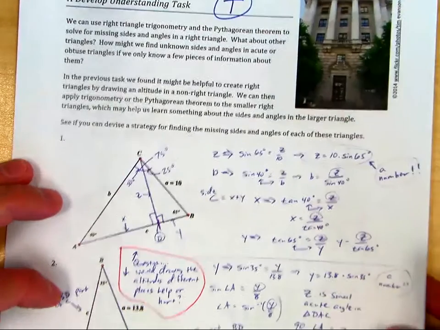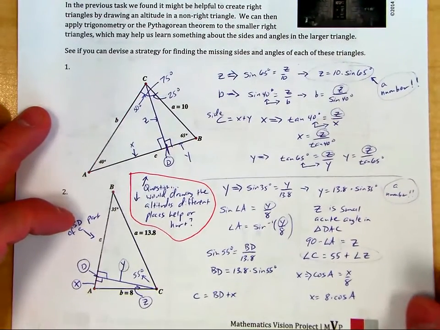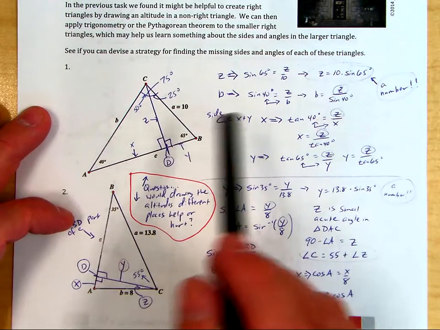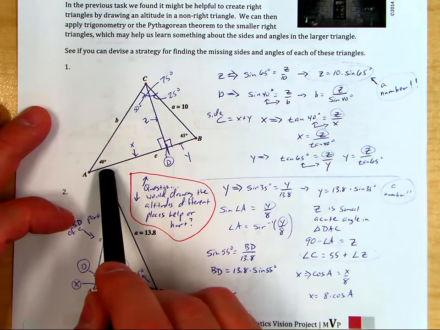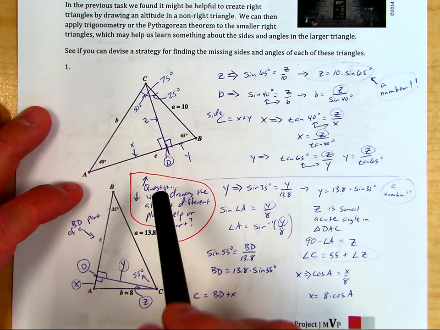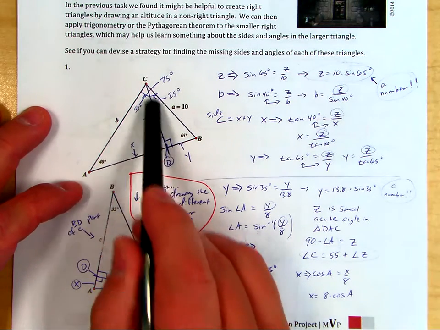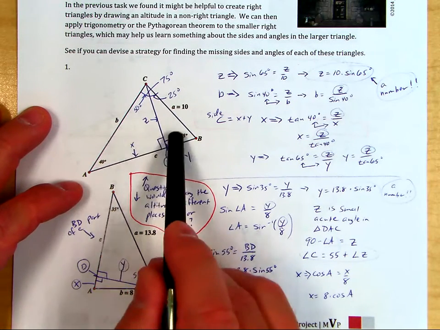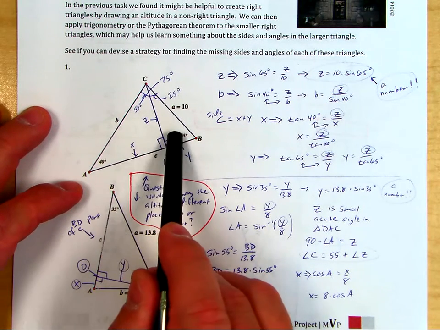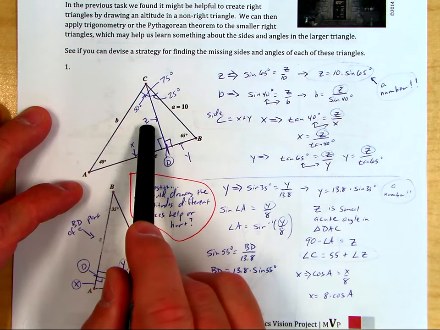Basically on this task, they give you a couple of triangles, and you can see all of my chicken scratch here trying to show you how to find all the sides and angles in the triangle based on just using sine, cosine, and tangent. One of the biggest things you have to do is be able to draw an altitude to make two right triangles. That's what I did right here, and I'm going to use the length of this altitude as z.